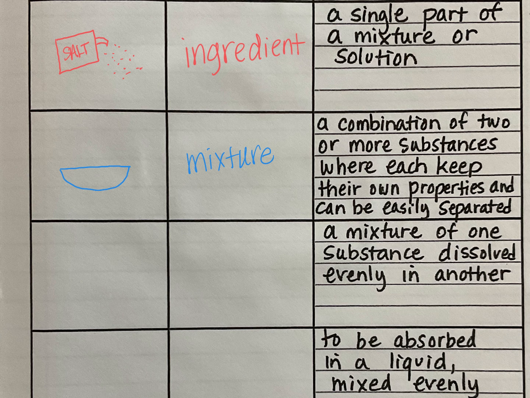When you have all these different pieces together, we're going to draw some little checks. I don't know about y'all, but I like pretzels in mine. Maybe some popcorn or M&Ms. We'll draw some little circles. This would be a trail mix, or sometimes we call it a Chex Mix. But it's a combination of two or more substances where each keeps its own properties and can be easily separated.